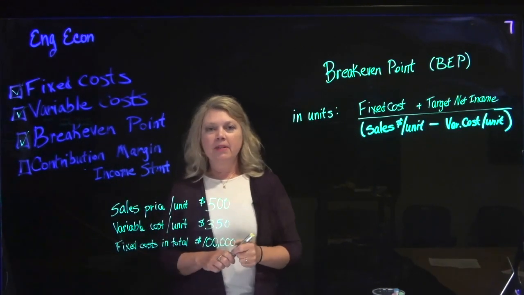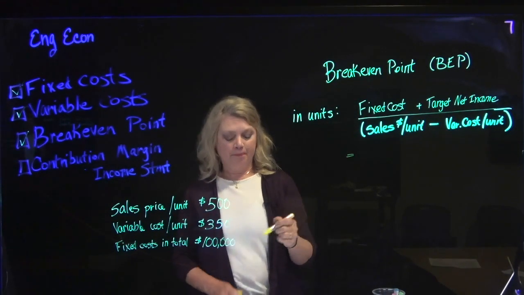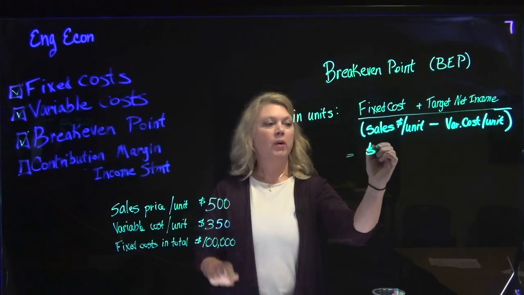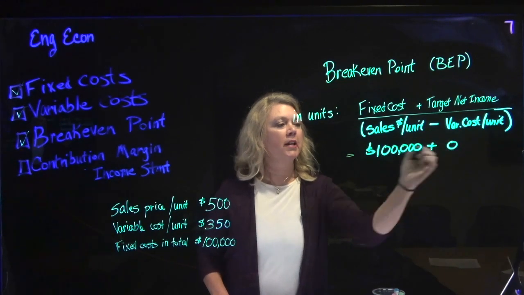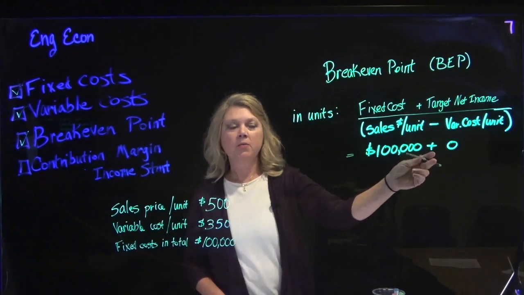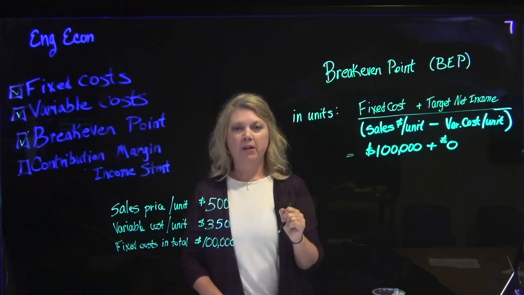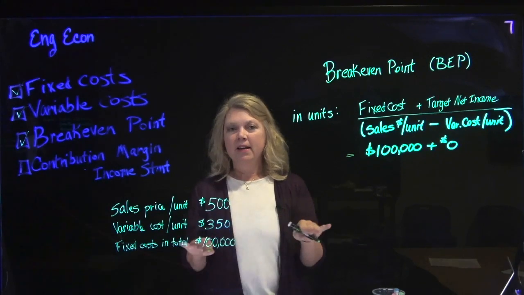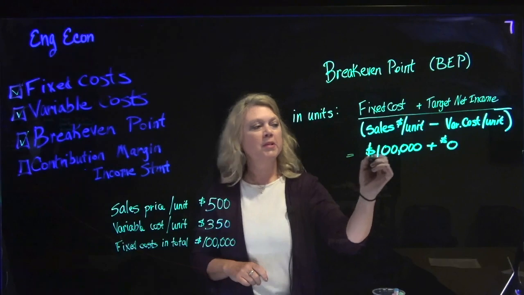Here are some example numbers we can use. Fixed costs in total are $100,000, plus target net income of 0, because we are just trying to determine break-even point, where total revenues equal total costs. Net income is 0.